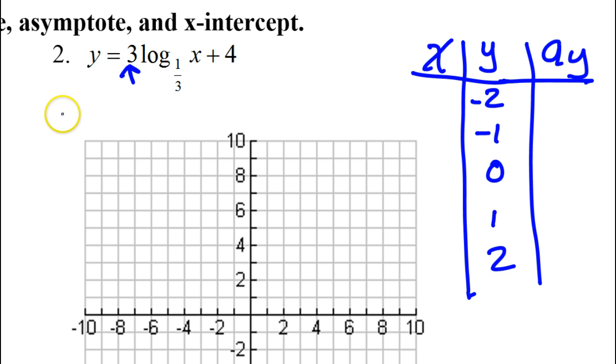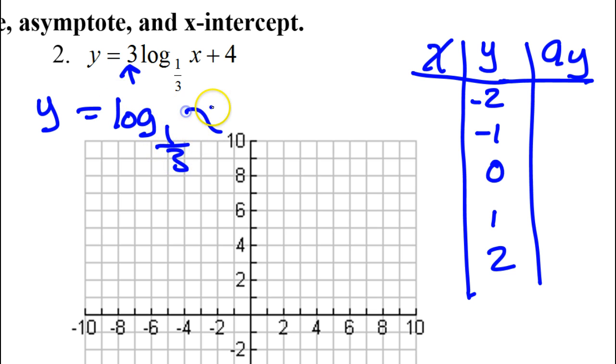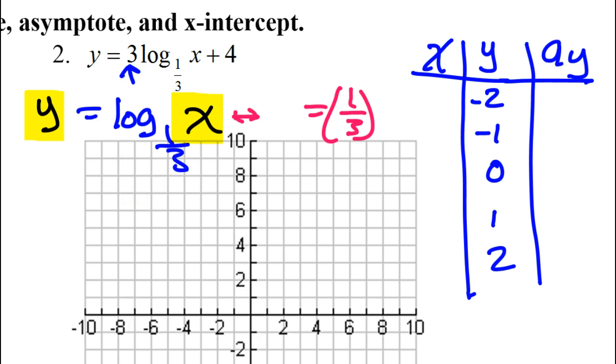The parent function is y equals log base 1/3 of x. So we need to transform this into exponent form. So I'm going to start with that base of 1/3. Remember, when we transform, the y and the x here are going to switch sides.